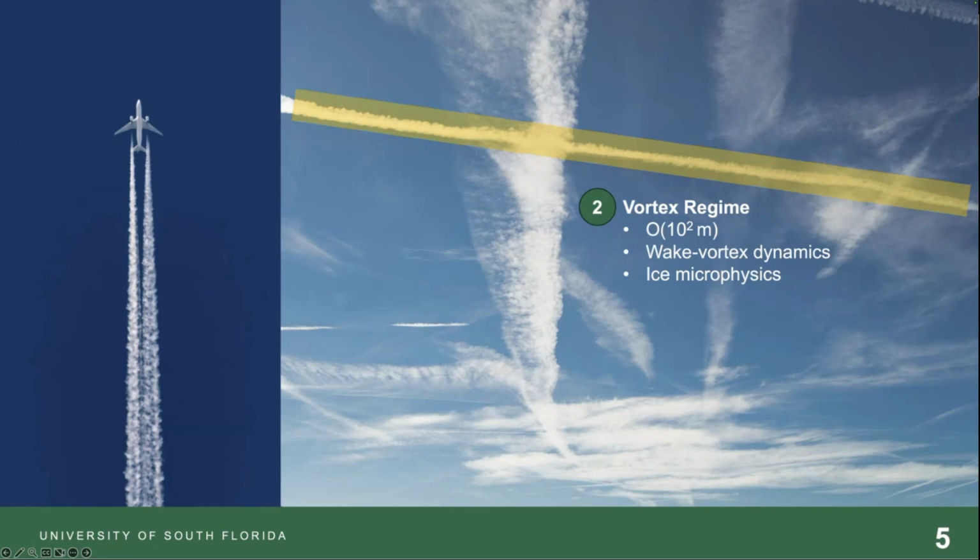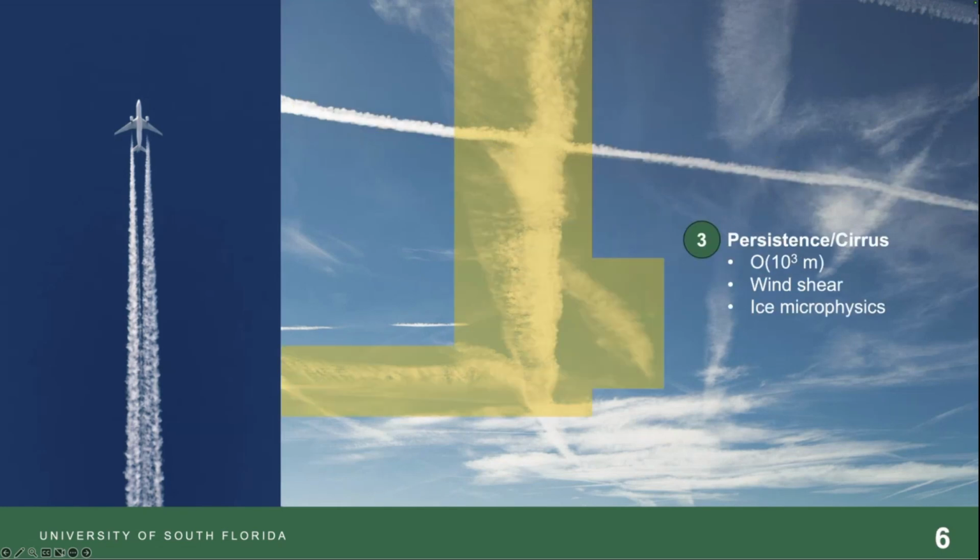I mean, the length scale is always very long depending on the atmospheric conditions as the aircraft flies through the upper troposphere. But also, what's significant about this regime is that it spans hundreds of meters in the vertical direction. So a lot of the contrails in this stage that you might see are predominantly vertically oriented rather than spread out. The spreading out occurs in the next regime, in the so-called persistence or cirrus regime.